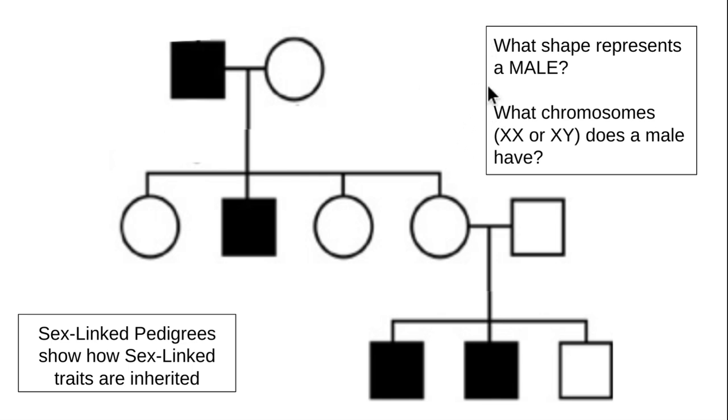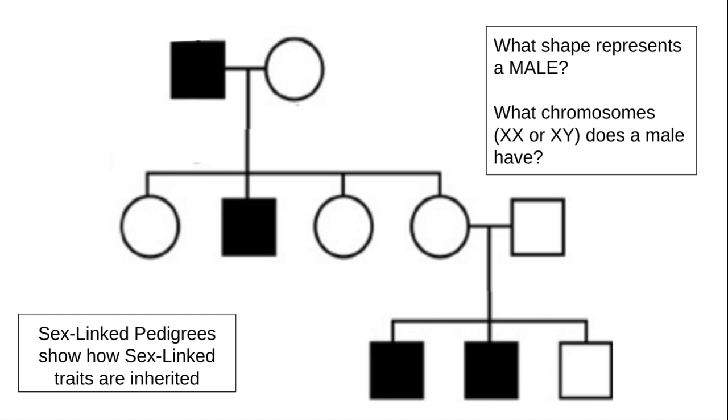So as a reminder, what shape represents a male? Males are squares, and males have XY. So one of the things we have to remember is if we think that this is a sex-linked pedigree, we need to include those X's and Y's. You're going to be given a pedigree and you're going to have to figure out what you think the inheritance pattern is.